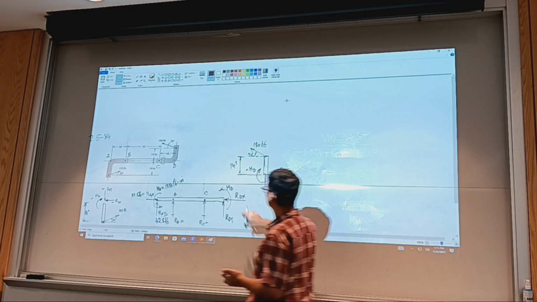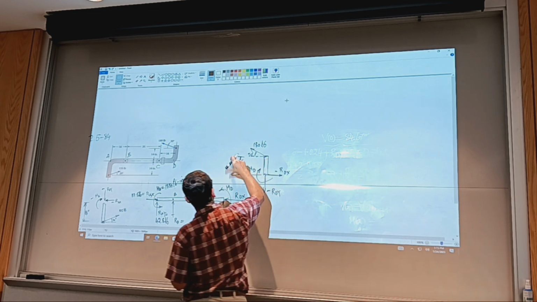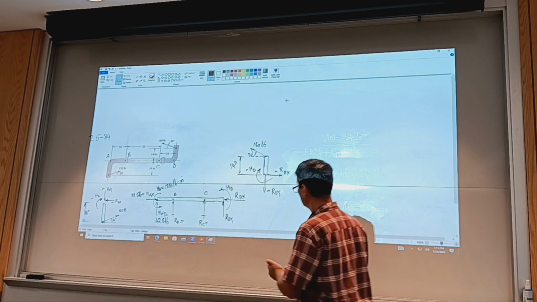Okay. And I move to this other vertical portion of the beam.